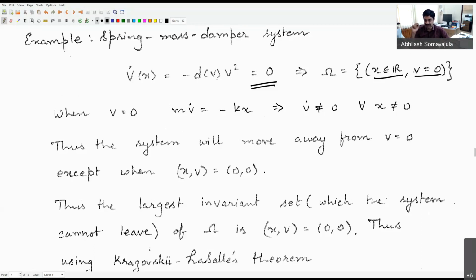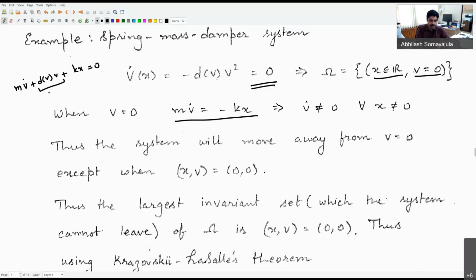But if I start at v equal to 0, but x not equal to 0, let us say x is positive, then what is happening? Wherever v is equal to 0, we know that m v dot will be equal to minus kx. Because v is 0, we know that our equation m x double dot, or m v dot, plus b of v times v plus k of x is equal to 0.